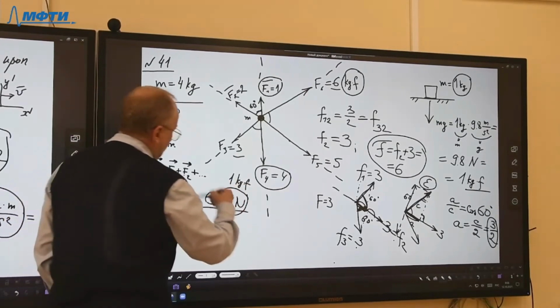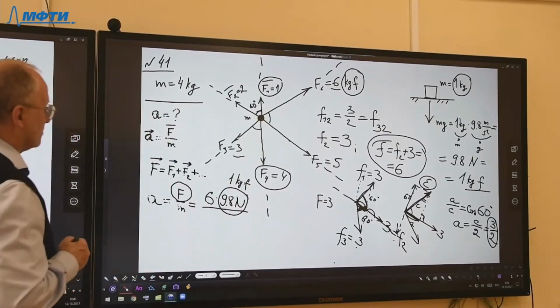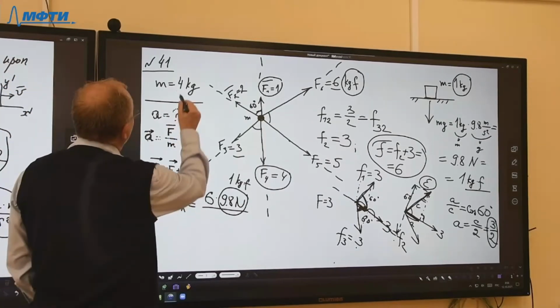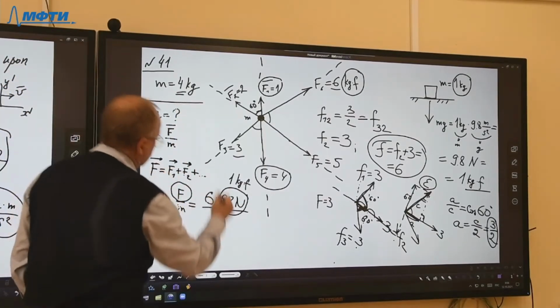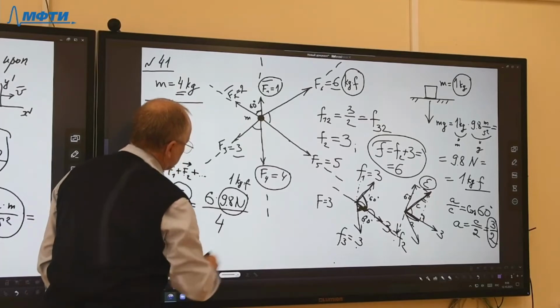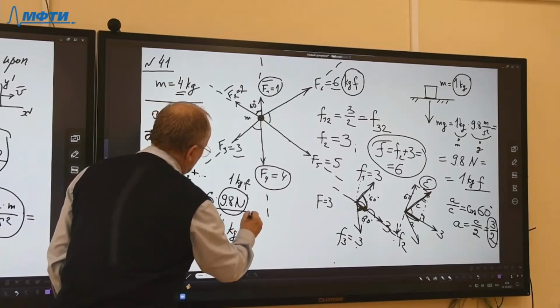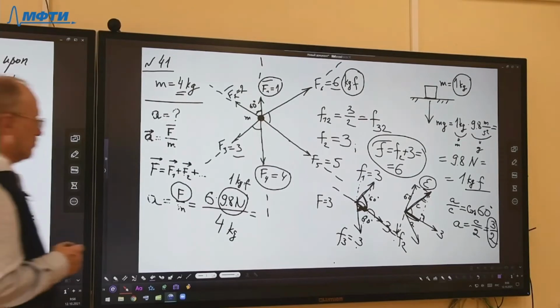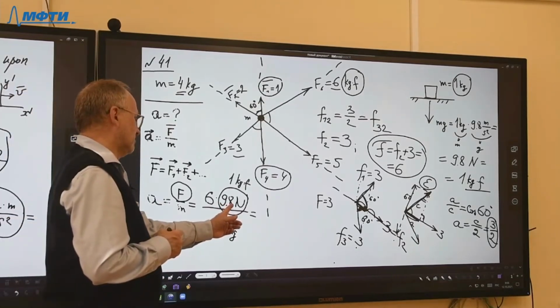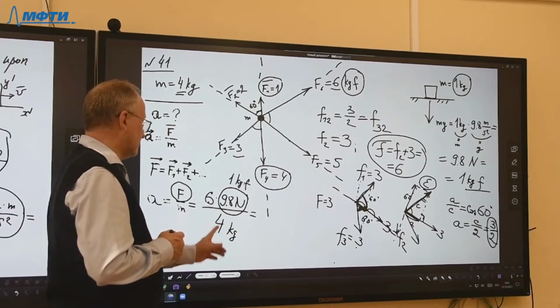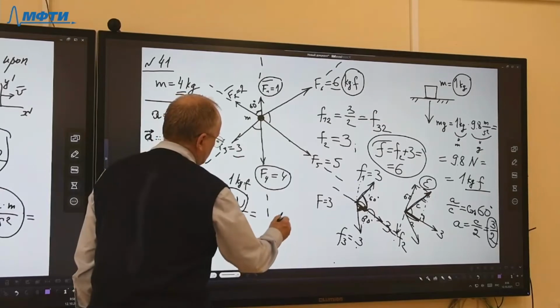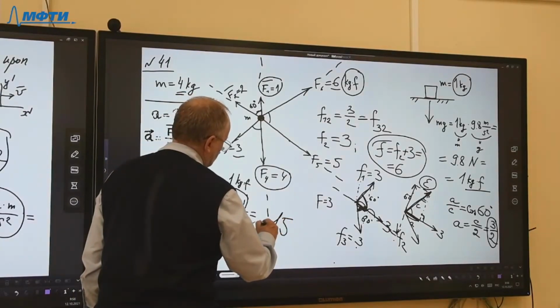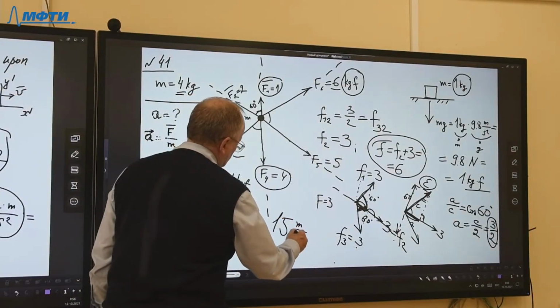So this number of newtons is divided by 4, which is the mass of the body, 4 kilograms. Now, approximately this is 10 times 6, 60 divided by 4, 15 approximately meters per second squared.